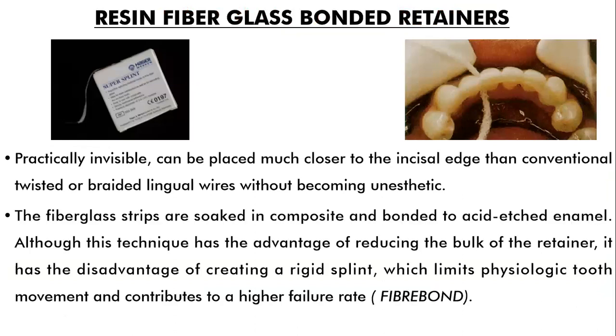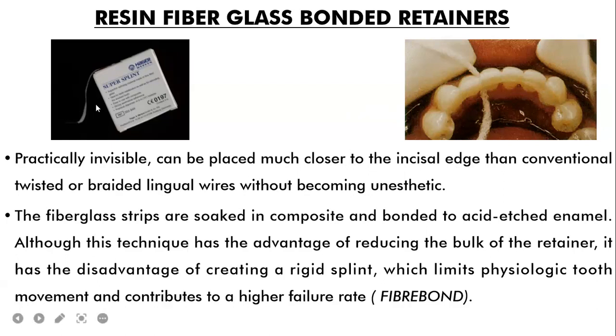Then coming to this, what does this retainer look like? Is it aesthetic, non-aesthetic? It's a resin fiberglass bonded retainer. It usually comes under the brand name of Fiberbond. It is practically invisible. So these fiberglass strips would be available like this.